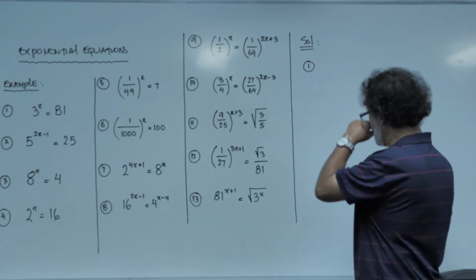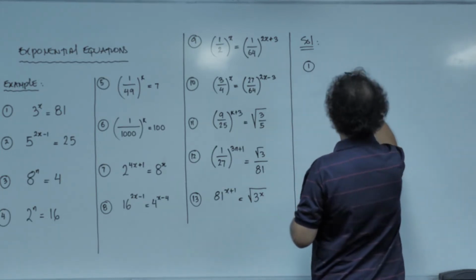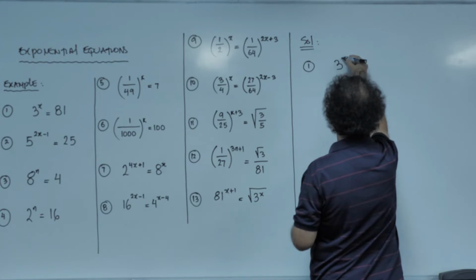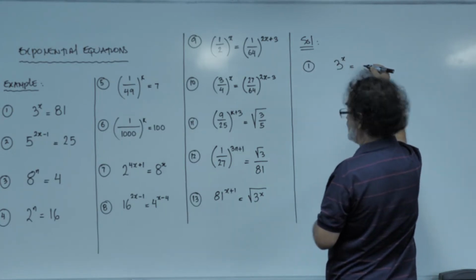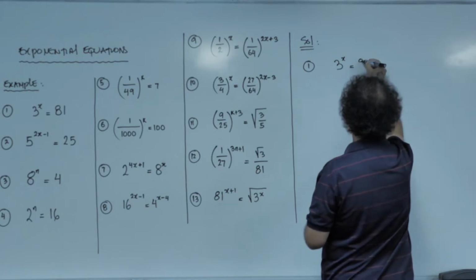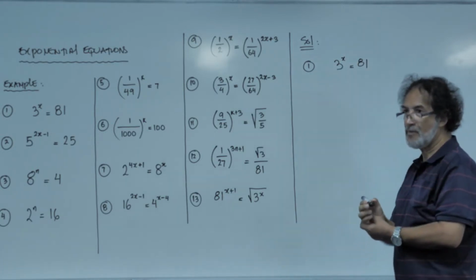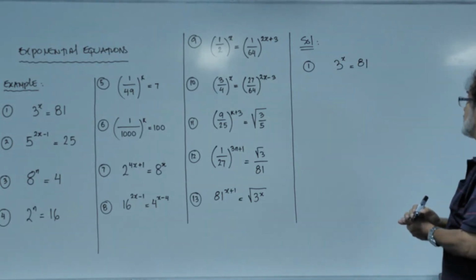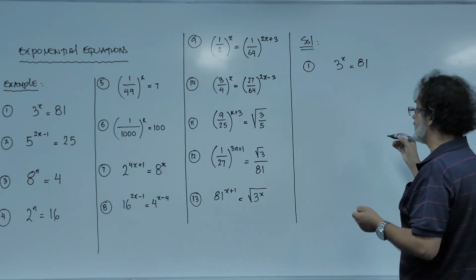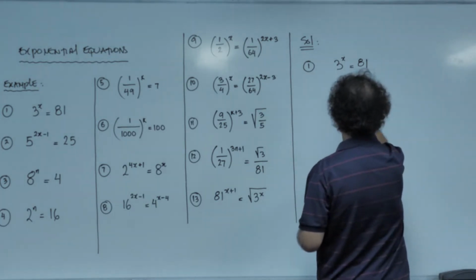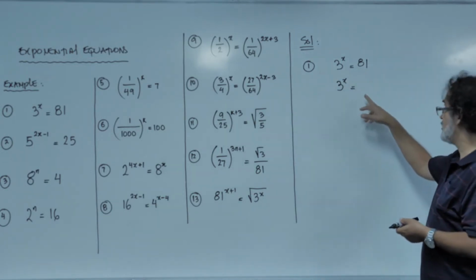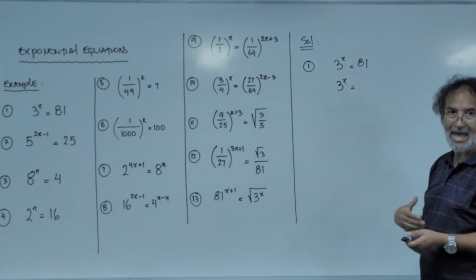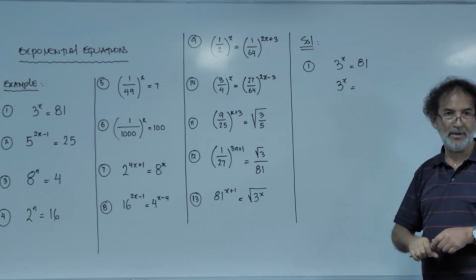Let's see. Question 1. We need to find the answer for x. When 3 is raised to x, the answer is 81. How are you going to do that? Well, this actually is simple. In your calculator or in your head, you're going to find 81 as a power of 3.